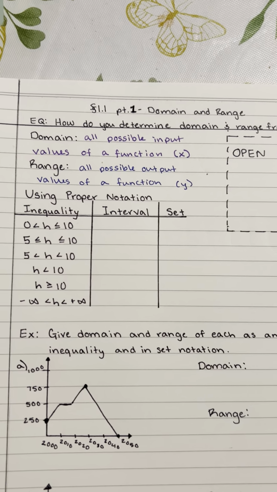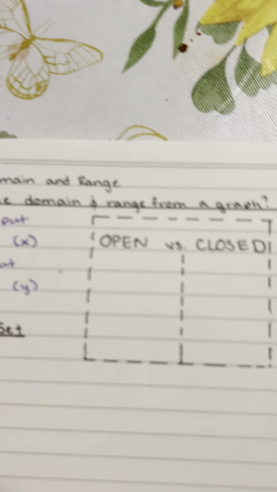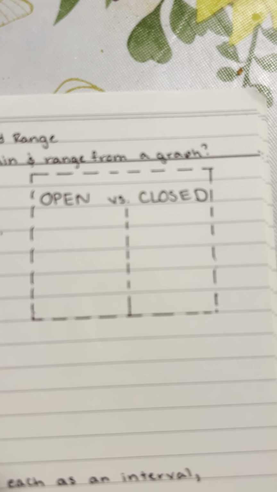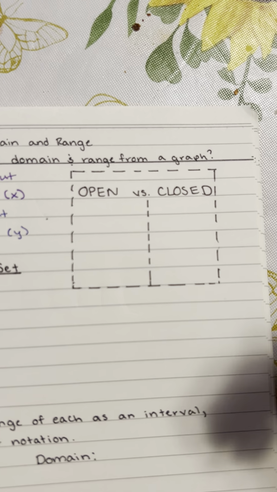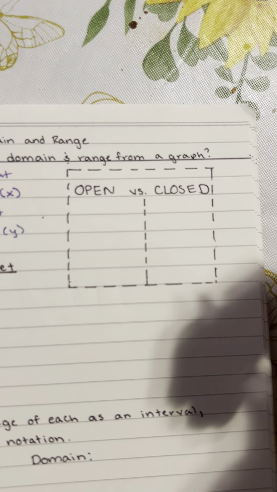The first thing that we have to denote whether an interval is open or closed, sorry, I had to take the cap off the pen, is if an interval is open on a graph, then typically we're going to look at an open circle, right? If there's an open circle, then that means it's open. Vice versa, if it's closed on a graph, then that circle is closed. So open, closed. All right, this should be familiar.